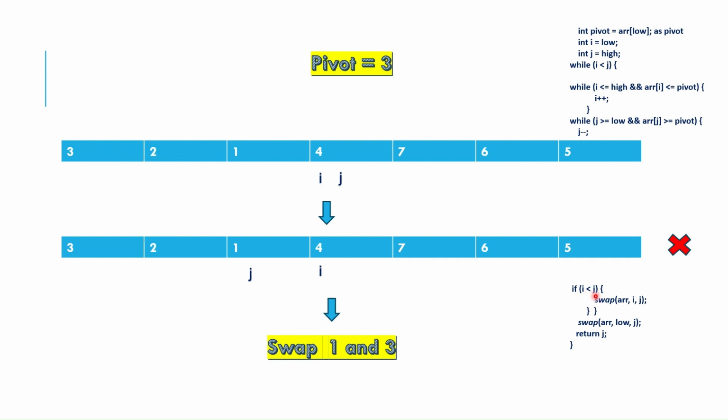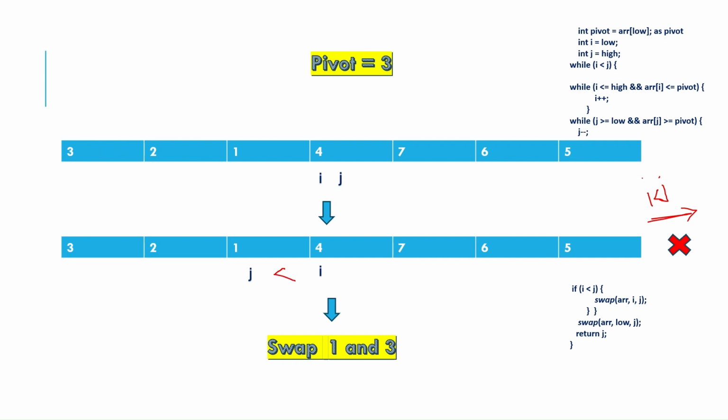i is not at all less than j. Let's say I'll take the pen. If i and j point in this direction, then we can say i is less than j. But if you see here, j crossed i, that means j is less than i.